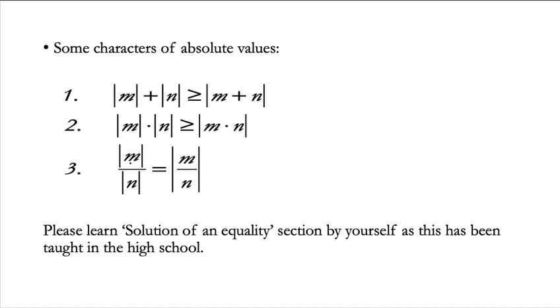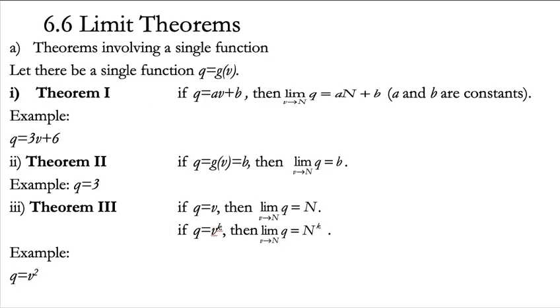Number 3, the absolute value of m divided by the absolute value of n is actually equal to m over n in absolute terms. All right. Now, again, please do a lot of exercises to understand this even more. There are some theorems that are related to limits because they help us in terms of calculation. So you must follow this rule so that your calculation is always correct.